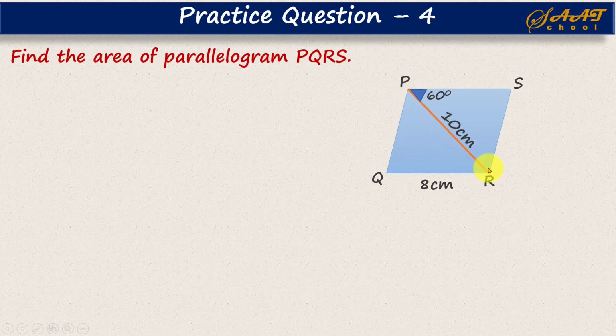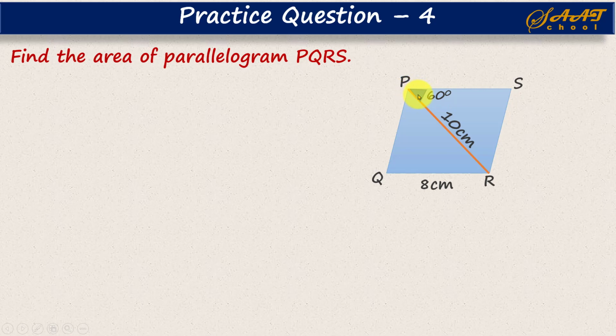This is PR, and the diagonal bisects the parallelogram. That's why this triangle PQR and this triangle PSR are equal, or you can say this triangle is half the area of the parallelogram. So to find the area of the whole parallelogram PQRS, you have to find the area of the triangle.